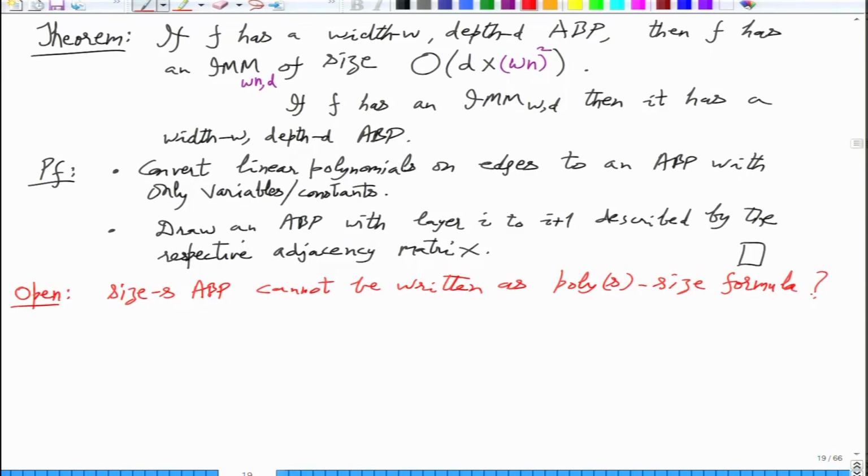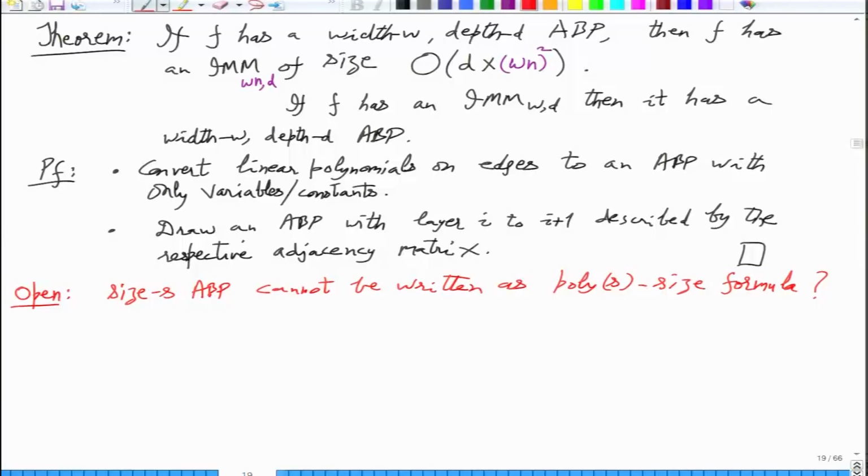So the conjecture is that ABPs are stronger than formulas, and so polynomials that are computable by ABPs in a small way may not be representable as small formulas. Formula complexity can be much higher than poly. Okay, this is an open question.